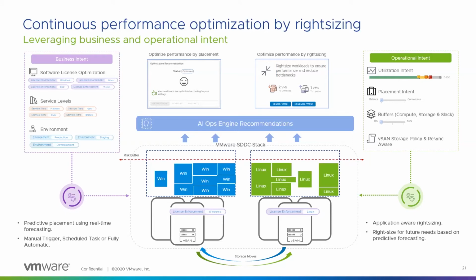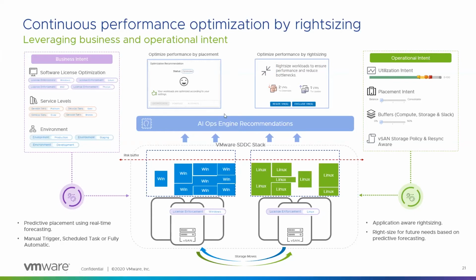And that's where we do forecast based right sizing to ensure that if you right size a workload today, you do not have to right size it every few days or upsize or downsize it every few days, but it can be done for a good period of time, the foreseeable future, as I call it, to ensure that you do not have to make too many changes in your environment, because that can have poor impact on applications as well.